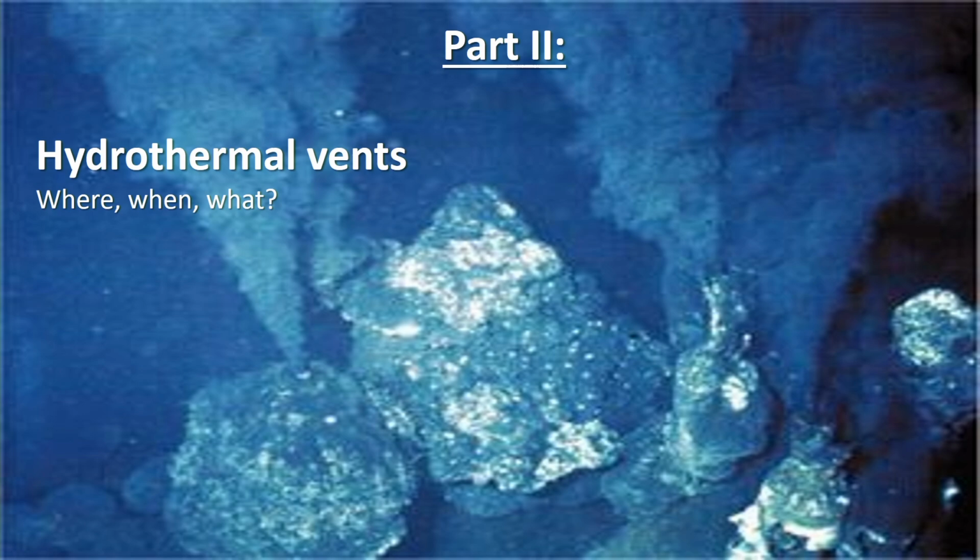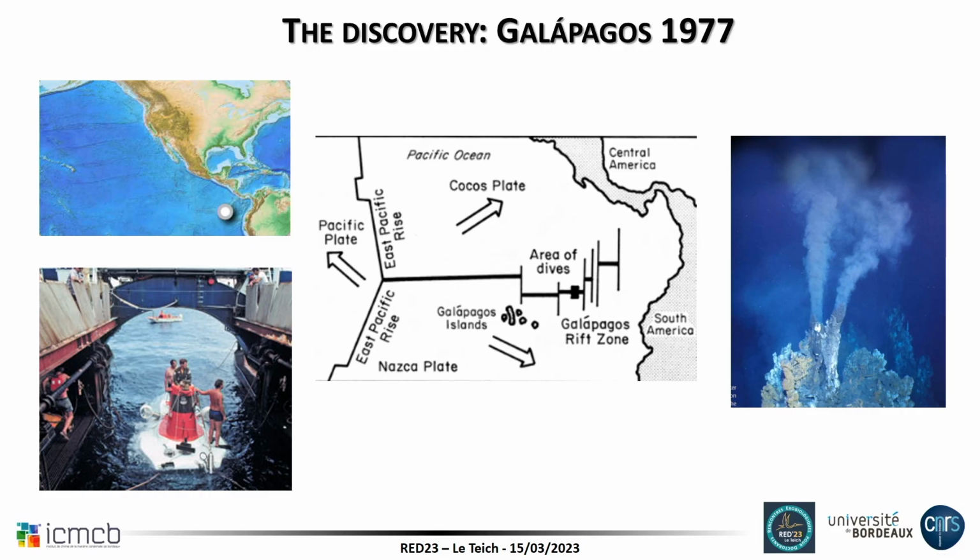So what are they? Actually, they were discovered for the first time during a sea mission in the Galapagos in 1977. The point of this mission, so it's right here, Galapagos, was just to map the seafloor in this area, because some variation of height had been seen by sonar.